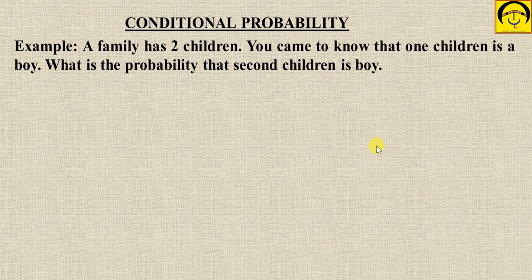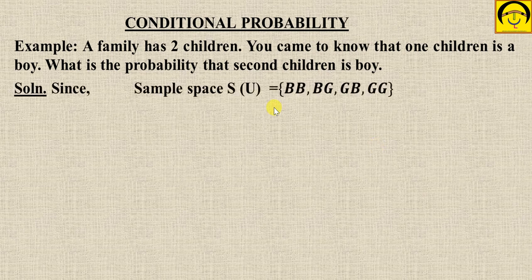Both children can be boys. Either the first child is a boy and the second is a girl, or the first child is a girl and the second is a boy, or both are girls. So you can say it's your universal set, or sample space.